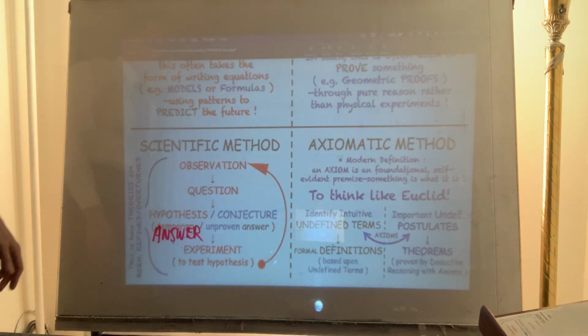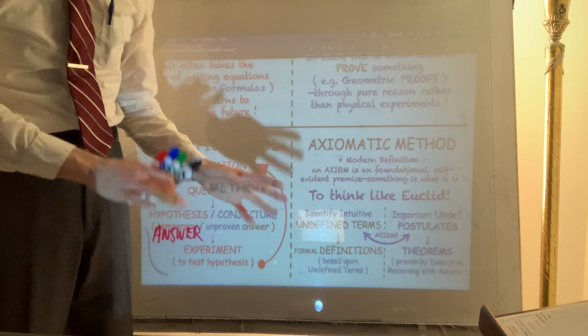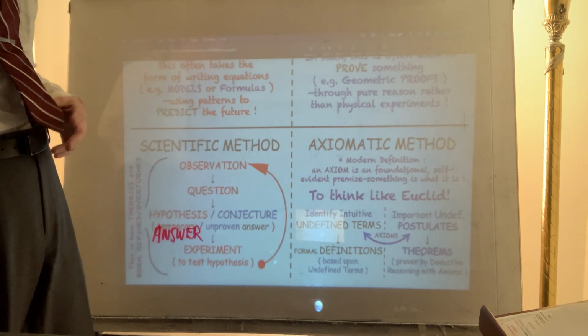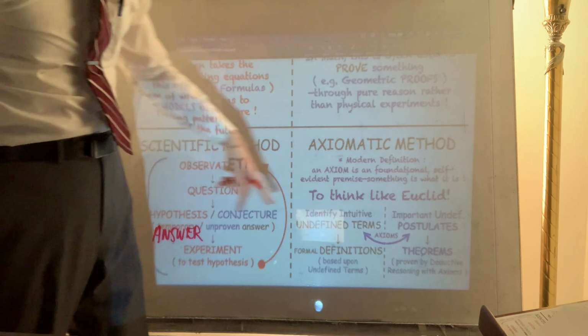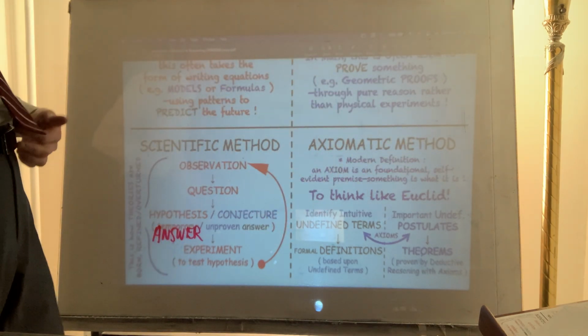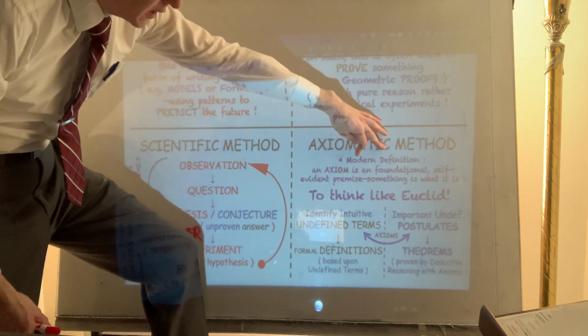Now, as far as the axiomatic method is concerned, we're using a modern definition, versus that of Euclid, because Euclid is the originator of this, thought to be. The modern definition of an axiom is as follows.